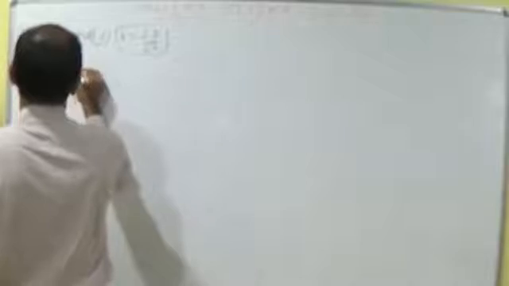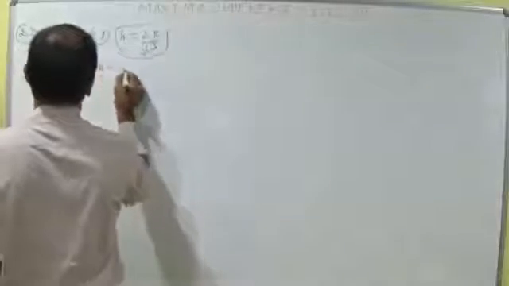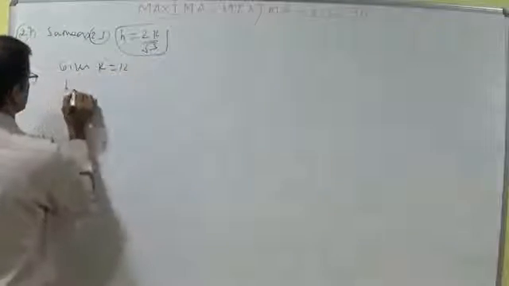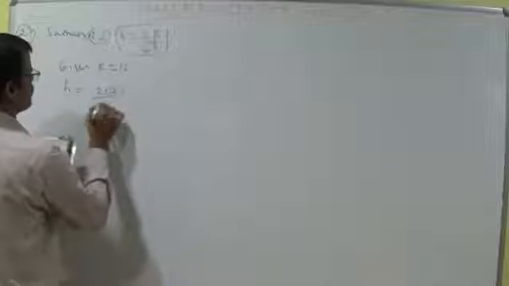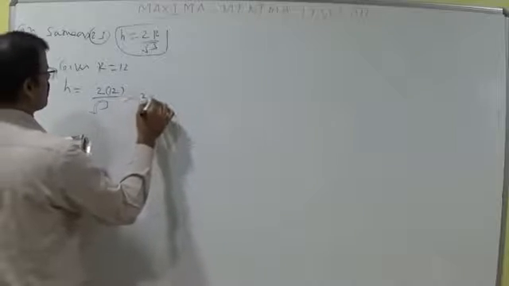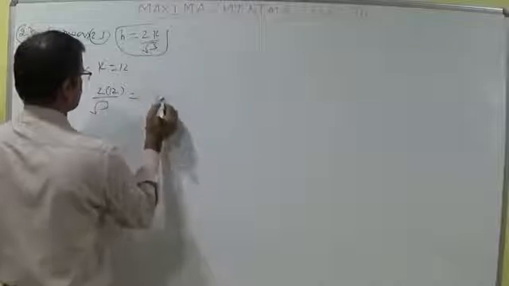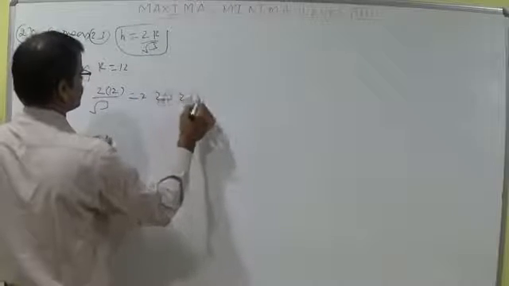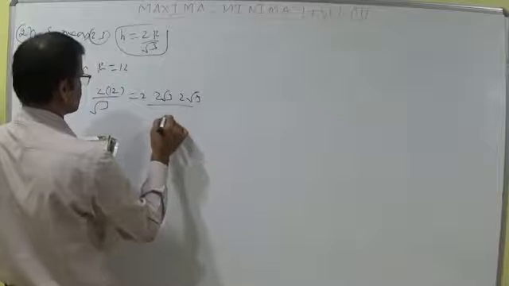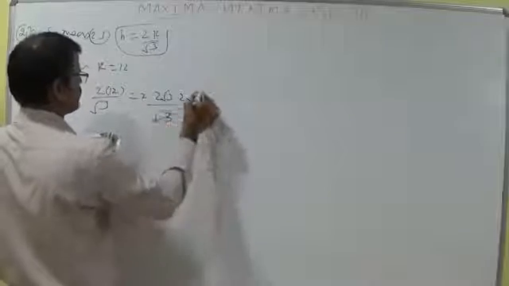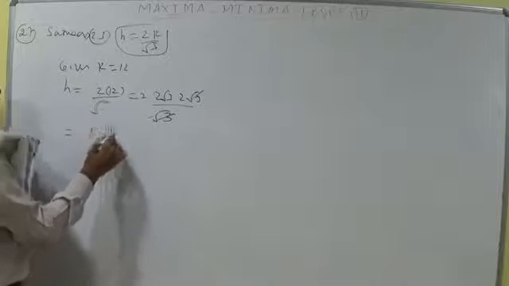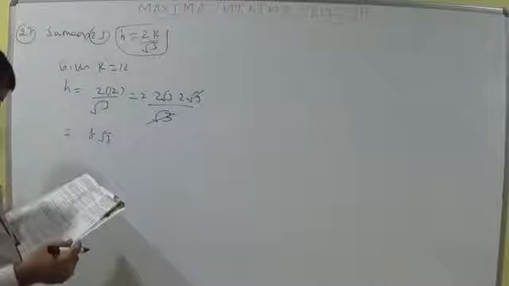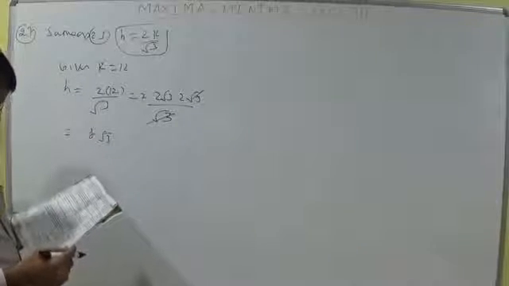28th question. A closed cylinder of given volume will have least surface area, then find the ratio of its height and base radius. In the previous model, same as the 25th question. Here it is closed, here and here.